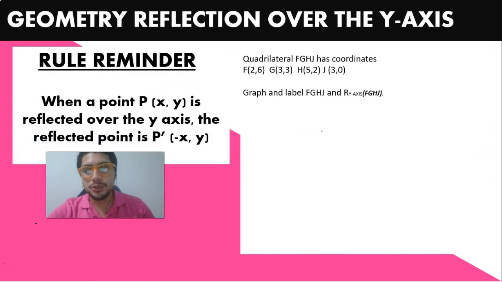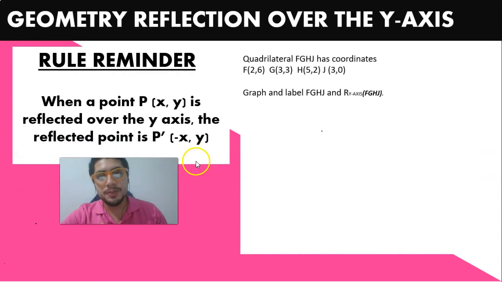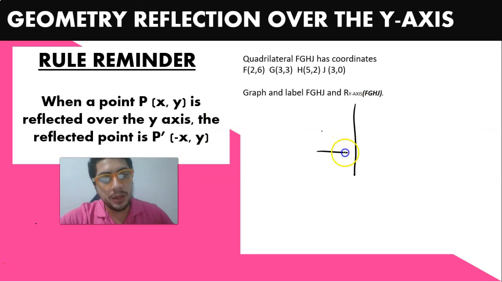Now, in order to do that, we need to remember that whenever we have a point P(x, y) that is reflected over the y-axis, which is what we're being asked to do, the reflected point P' is going to have coordinates (-x, y).